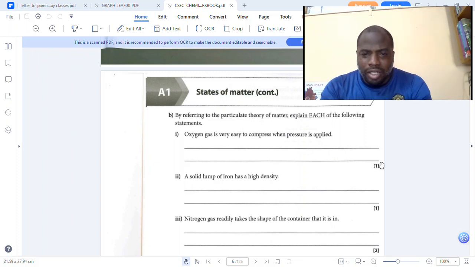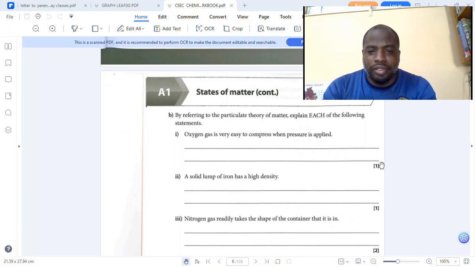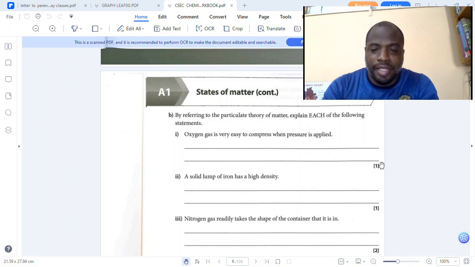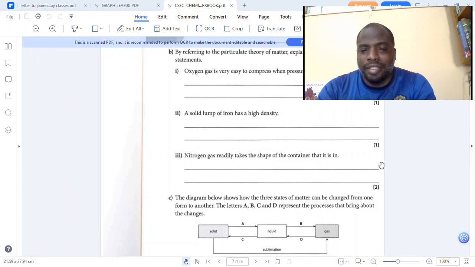China, the US, Japan, they're so dense in some areas that they might tell people to move out or stop having children, right? Because you don't want to get overpopulated. The resources can't manage. So going back, linking it: the particles in a solid are very close together. So they are very dense, right? So that is it.